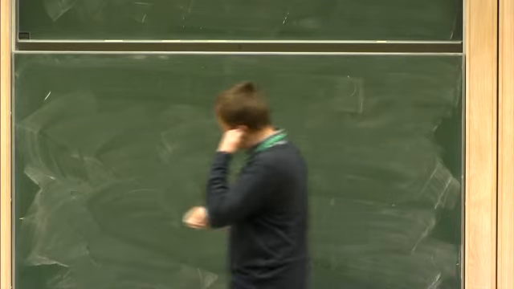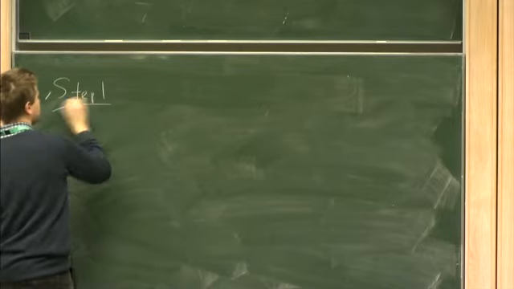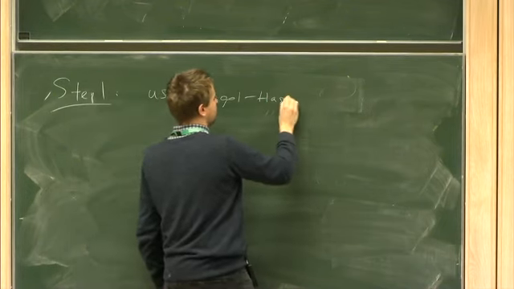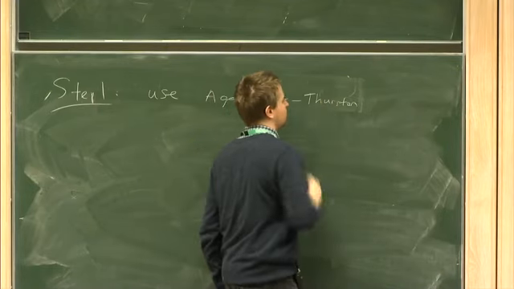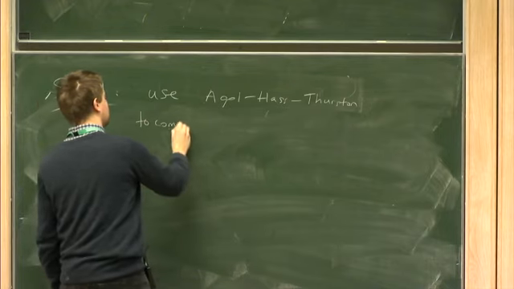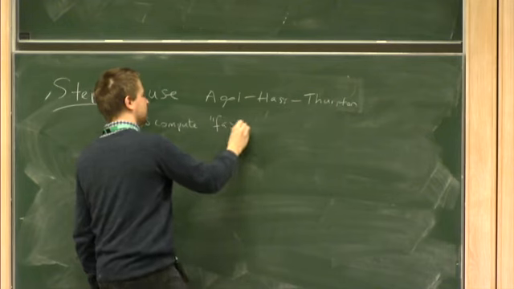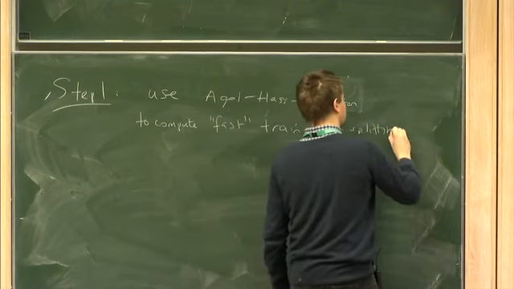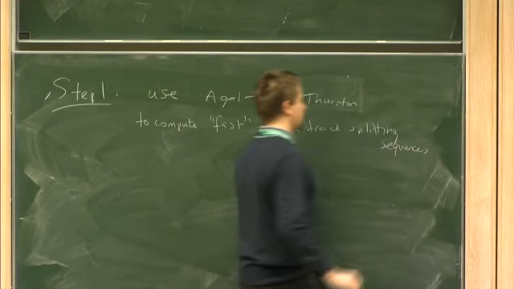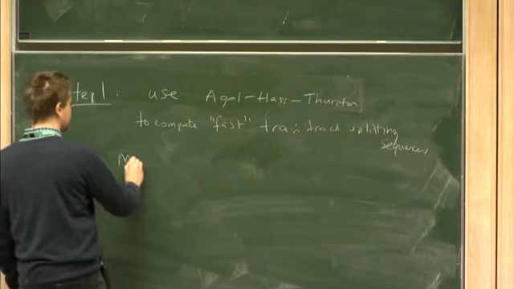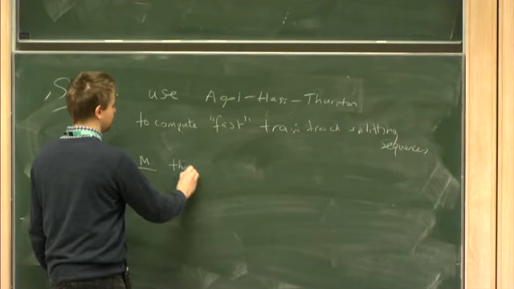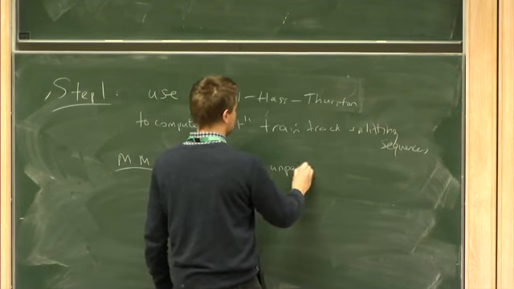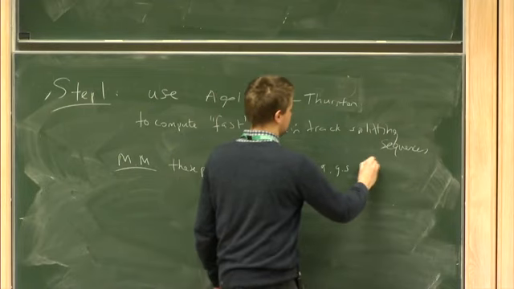In step 1, we use some work of Erlandsson, Haas, and Thurston to compute fast train track splitting sequences, and Masur-Minsky showed that these provide k-unparameterized quasi-geodesics in the curve graph.